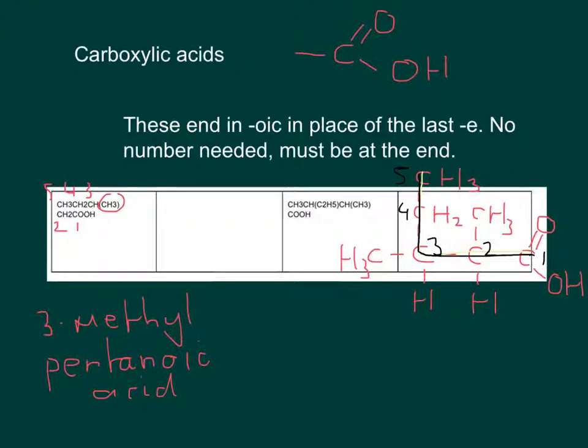And I've got a methyl group coming off carbon number 2 and a methyl group coming off carbon number 3. So the name becomes 2,3-dimethylpentanoic acid.